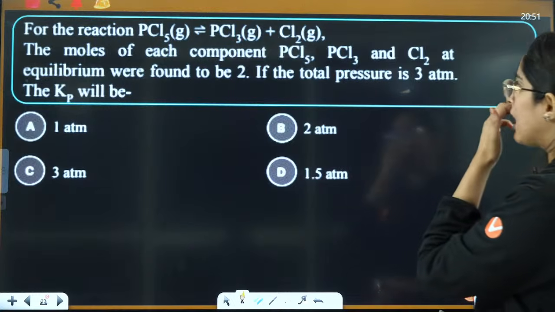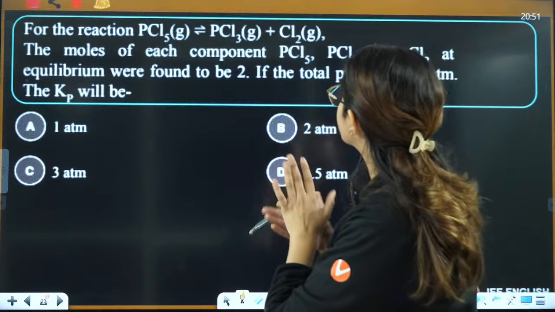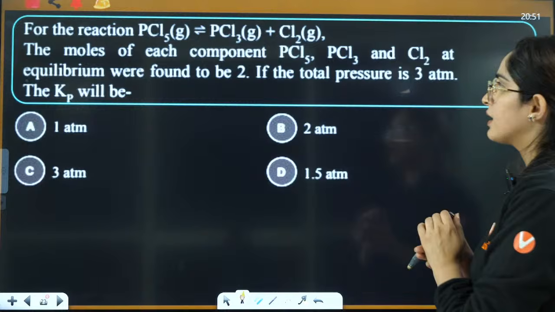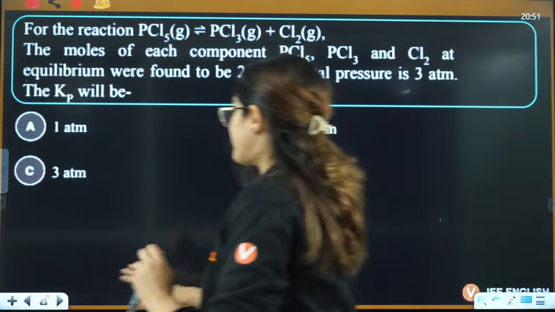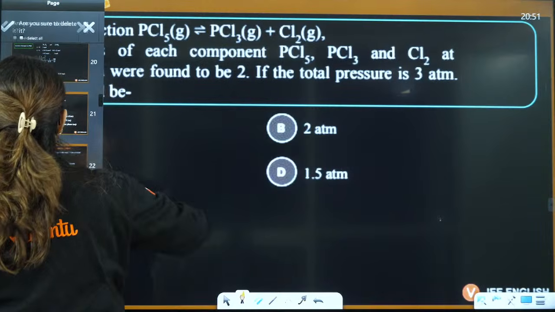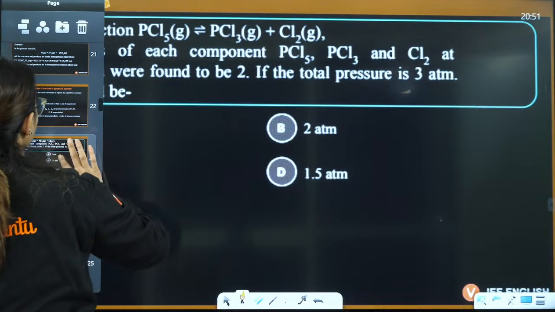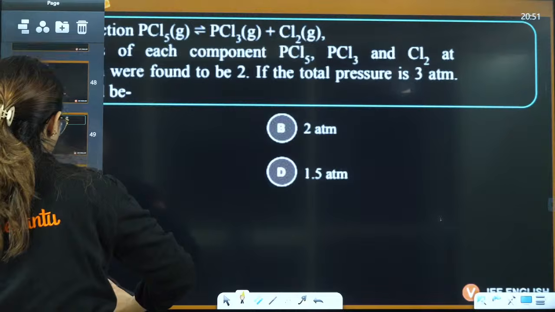Now let's see this question. I think this is too simple only. For the reaction, the moles of each component is found to be 2. The total pressure is this. You know, this I'll give you for homework, because I have done so many same questions here. Let's see how many of you actually do this.